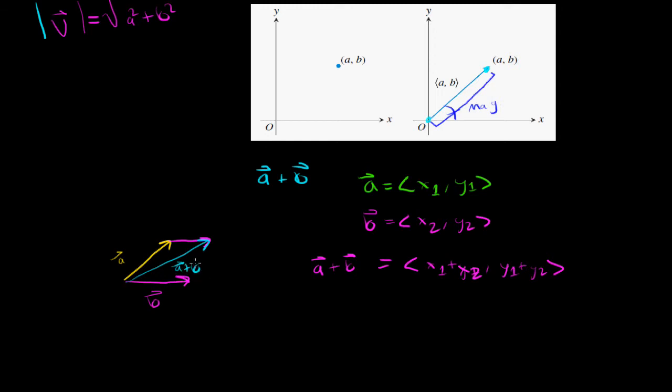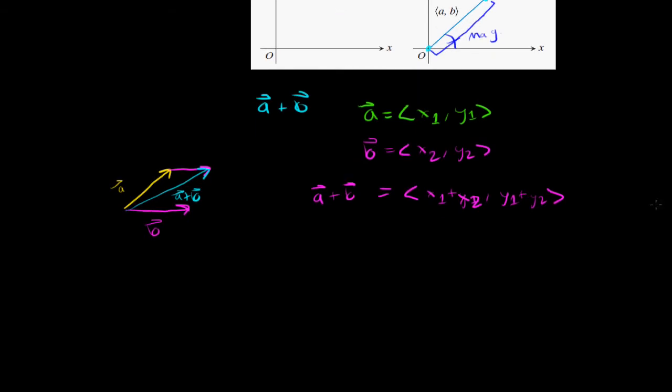So A plus B. So we can add vectors together, but we can also multiply vectors by scalars, and scalars in this case are just numbers or constants like 3 or 2 or anything else. If you wanted to multiply vector A by the scalar 3, we'd have 3A, which is equivalent to 3 times the components of A, which are x1 and y1.